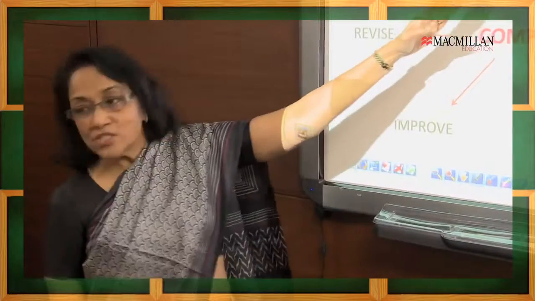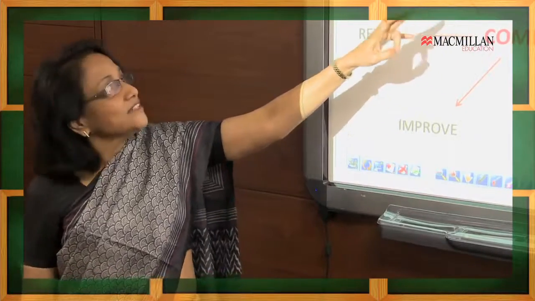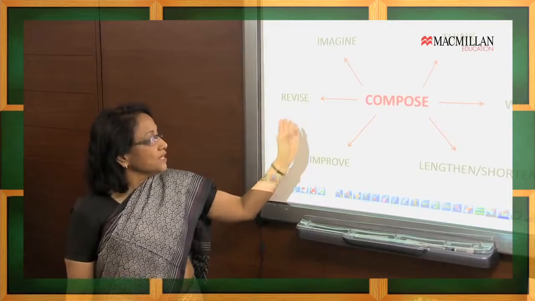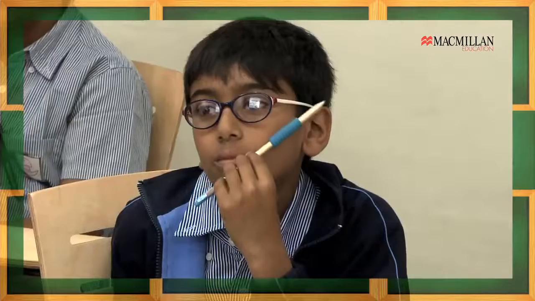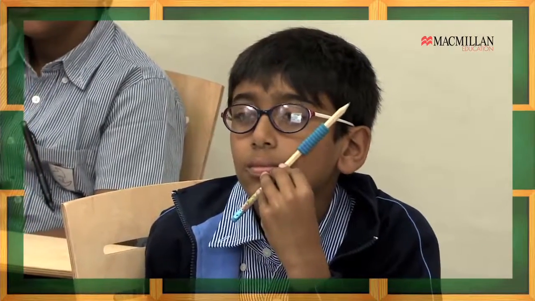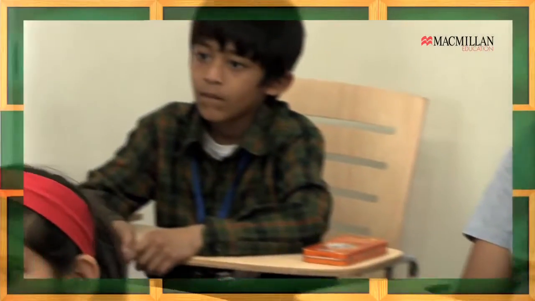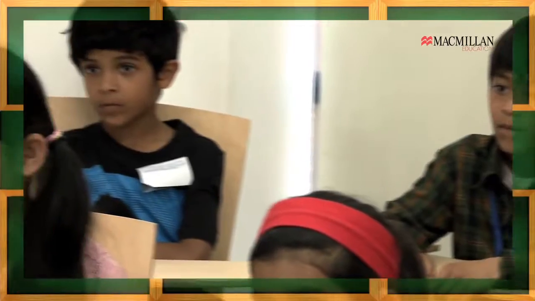So first you start thinking when you write, and before you think, you imagine about it, right? And then you write something, you can revise, you can improve, you can make it longer or you can make it shorter. That's what we mean by lengthen or shorten, right? Okay, now that's what we do when we compose.